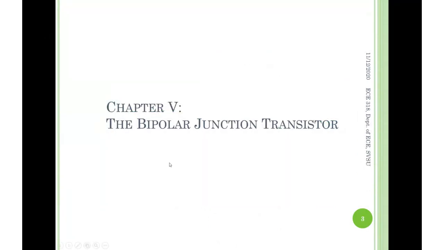All right, this is chapter 5, the BJT. The full name, first of all, is Bipolar Junction Transistor.